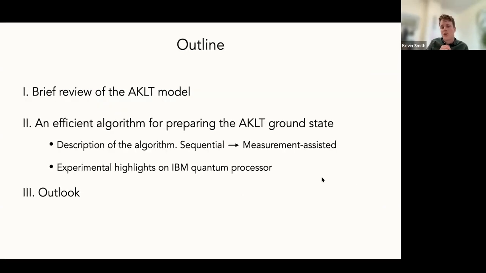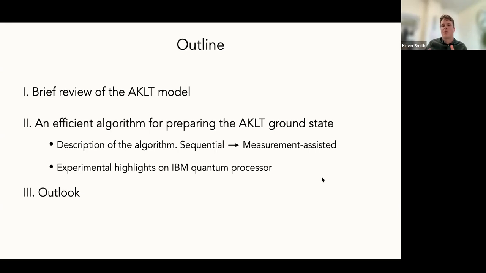Here's the outline. I'm going to start by briefly reviewing the AKLT model and discuss what the AKLT state is, and why it's an interesting state to try to prepare. I'll then move into the bulk of the talk, which is to describe this algorithm we've developed in order to prepare it. And I'll do this in two parts. I'm first going to explain how you can prepare the state without using these additional resources.